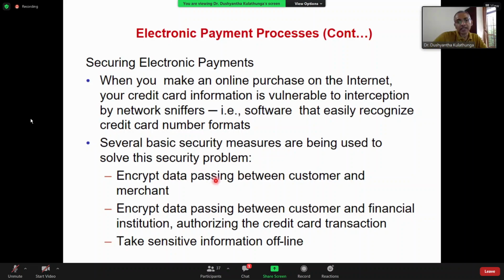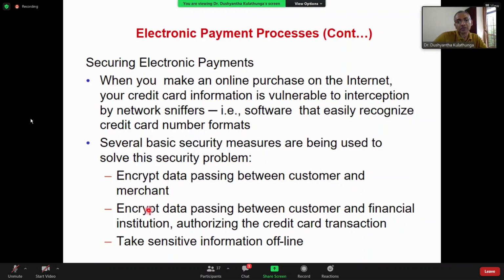So what is communicated will be text in an unrecognized form. Therefore, from the customer's end, the relevant data will be communicated in an unrecognized form to the merchant's end.